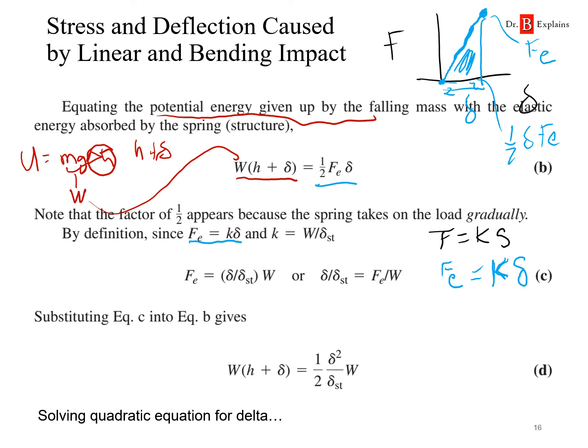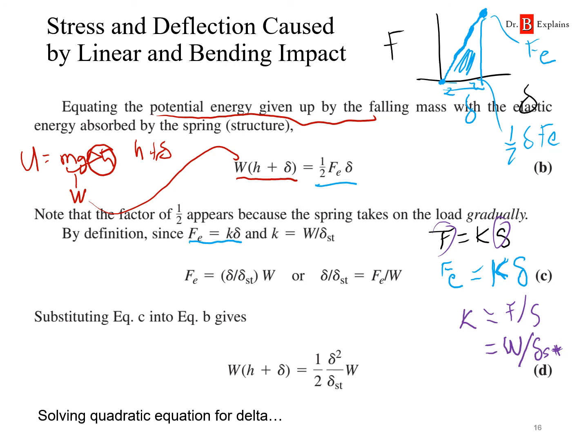We can solve for the spring constant K from this equation. Up on top, K is just F divided by the deflection. So in our case, how can we calculate the spring constant? Well, the force is just the weight of the mass, and if we measure the static deflection, that is, if we apply that mass, that weight, let it rest on the spring, it is going to deflect some little amount, the static deflection.